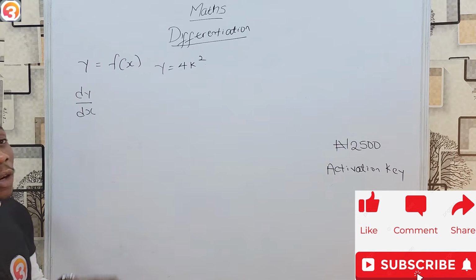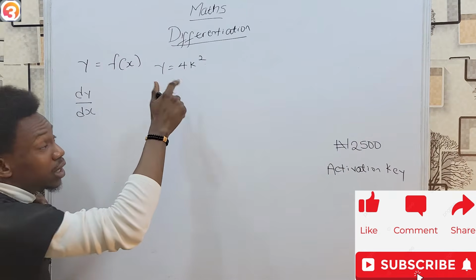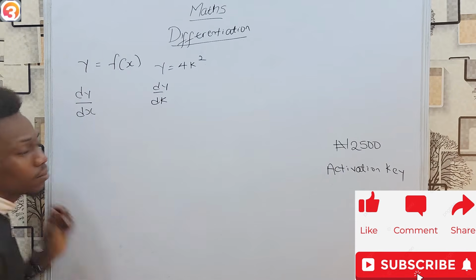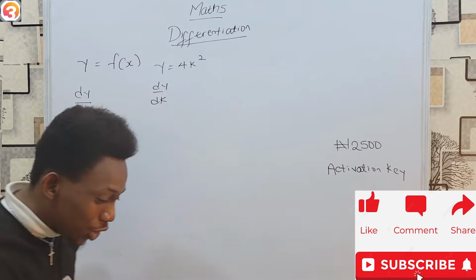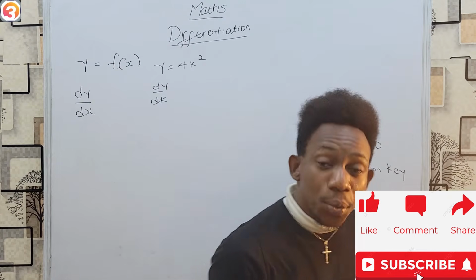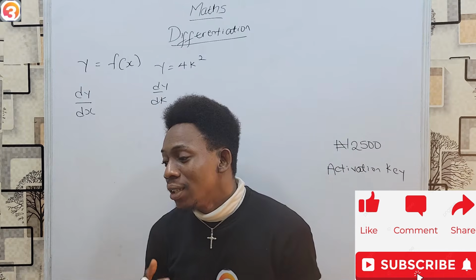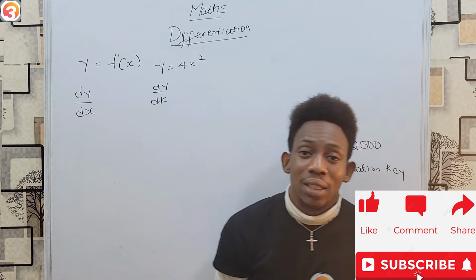On the other hand, if I was asked to find when there's a small change in k, that becomes dy dk. I know a lot of us are very used to dy dx, but please note that dy dx is not the only way you could differentiate. You could find d of any letter to any other letter.